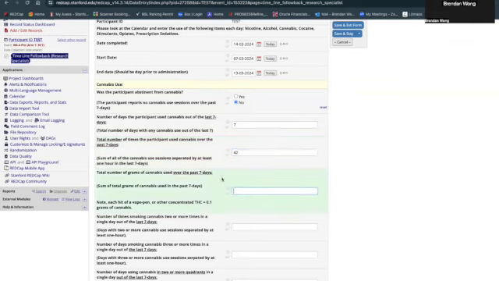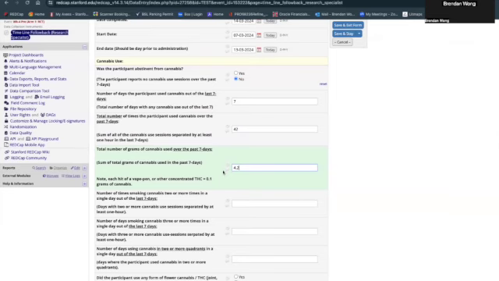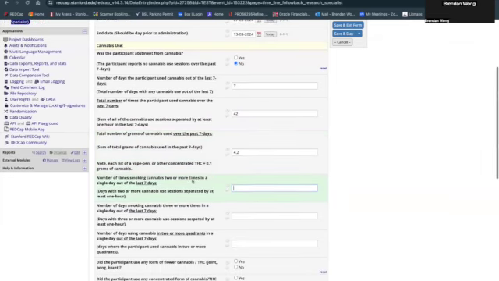Total number of grams of cannabis used over the past 7 days. The participant mentioned that they had smoked 4.2 grams in the past 7 days. Number of times smoking cannabis 2 or more times in a single day. It was consistent for the participant that they smoked all 7 days in the past week 2 or more times.